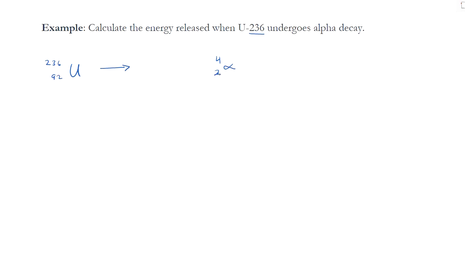And that means if there's two protons for the alpha particle, we've only got 90 left over. Remember, we also have lost 4 total nucleons, 2 protons, 2 neutrons. So we're down to 232 for this one. If you look this one up, this one is thorium.